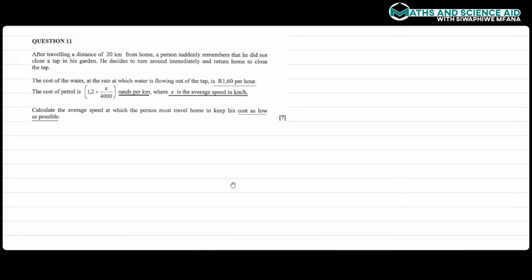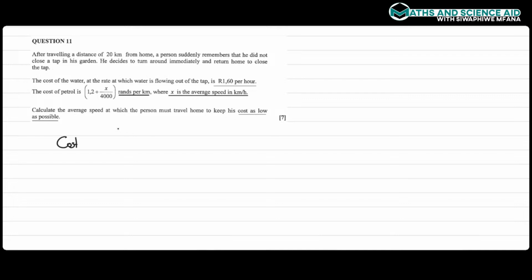As you can see, unlike other questions that you may have seen, you are not even asked to show that this is the equation for the cost. You need to work out everything on your own. So I think that is the tricky part about this question. So let's think about it. This cost is what we need to minimize.